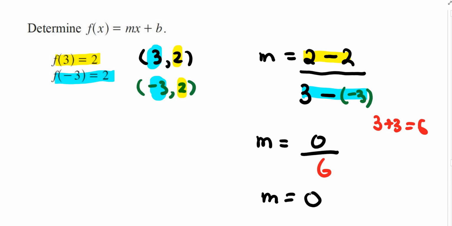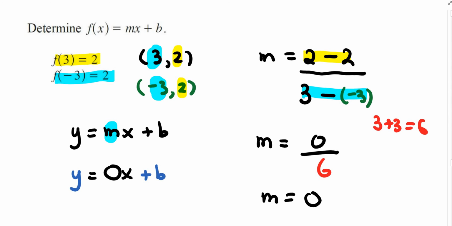All right, so we have a very interesting case right here because the slope is equal to 0, right? So if I go back to my equation of the line, we can definitely fill this in because now we know our slope is 0. So that's going to be 0 times x. And then I have my y and my plus b, right? Now let's go ahead and just use this coordinate right here.